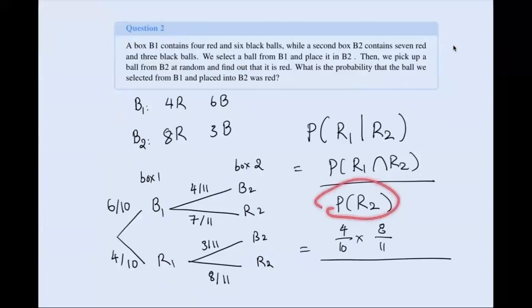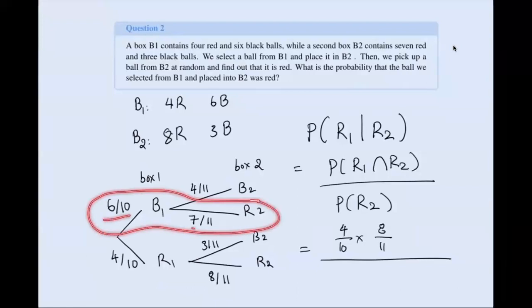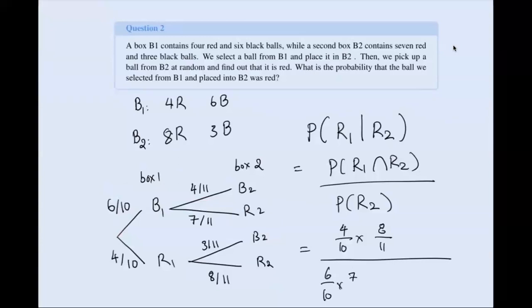And for the probability of red 2, we will look for whatever outcomes have red 2. We have 2 outcomes, so we will add them together. The first outcome is in this path. We multiply them. And then the second path is this one here.